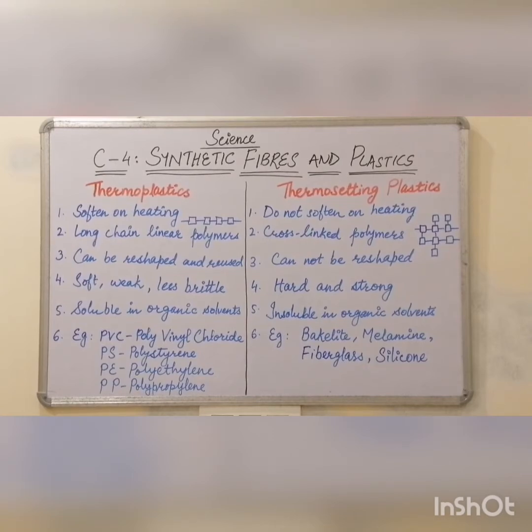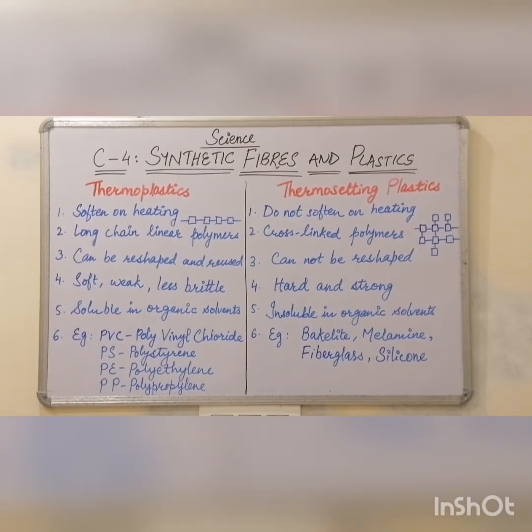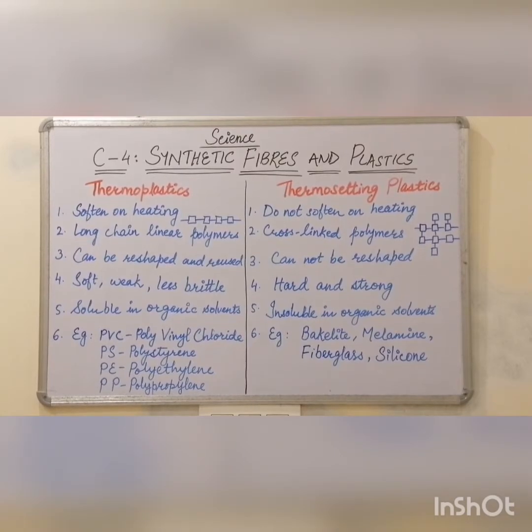Less brittle means that though they are weak and could be broken up easily, they do not shatter into small pieces like your glass. Thermosetting plastics are hard and strong, so they won't get broken up easily, but when they are broken up, they cannot be reshaped, reused, or recycled.